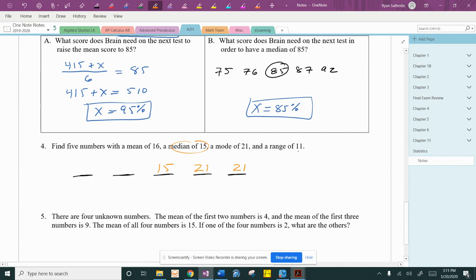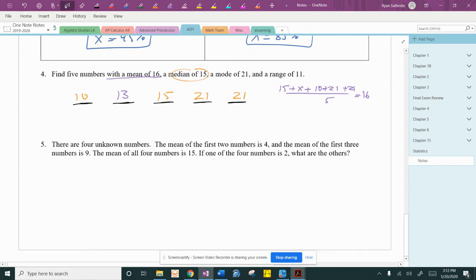My range is 11. Well, if my largest number is 21 and my range is 11, that means my smallest number is 10. And now I just need to use the fact that the mean of the numbers is 16, kind of like we do with problem A here. I know that 15 plus x plus 10 plus 21 plus 21 divided by 5 has to be 16. So what I end up with is that the missing number is 13. So there are your 5 data values.